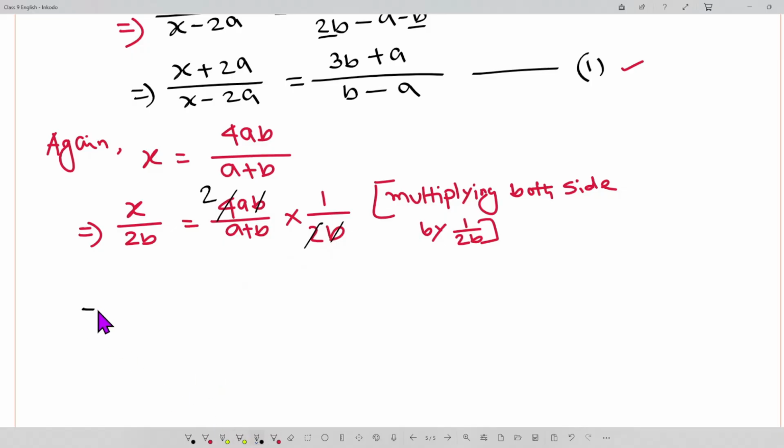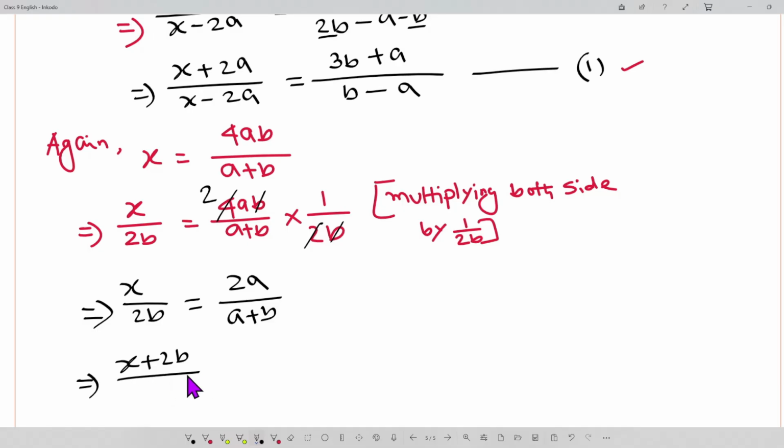So finally we can write x divided by 2b equals 2a divided by a plus b. So again we will make componendo and dividendo. It means x plus 2b divided by x minus 2b equals 2a plus b divided by 2a minus b.